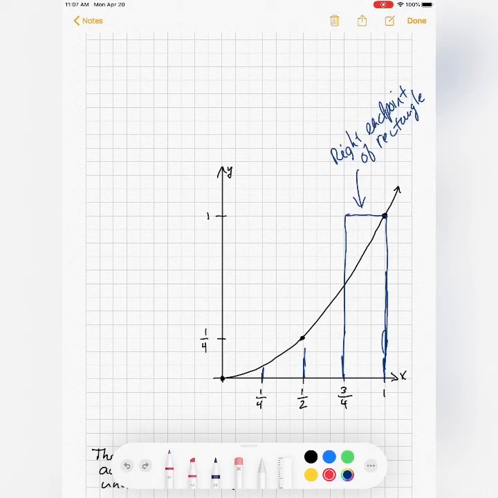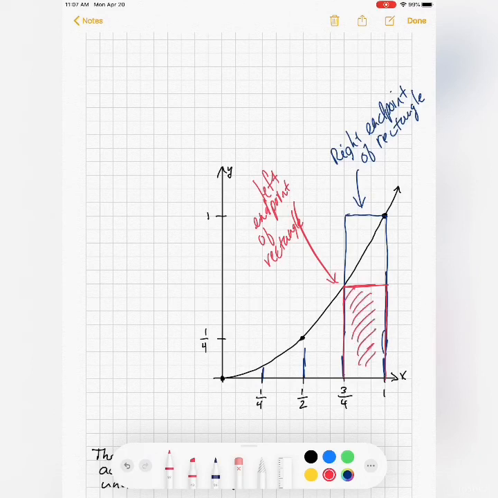Another idea would be I could use the left endpoint. So in other words, I would come up here, I would stop there, and then that would be my rectangle. That would be if I used the left endpoint of the rectangle. So either way, I'd have an estimation of the area. That one would obviously be an underestimation because I'd be missing the area here, versus in this case, this was an overestimate.